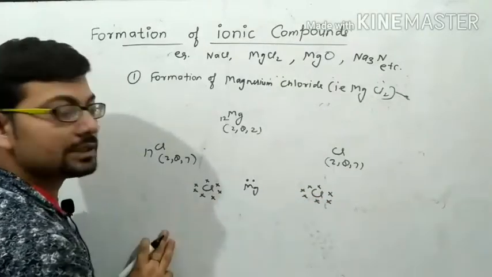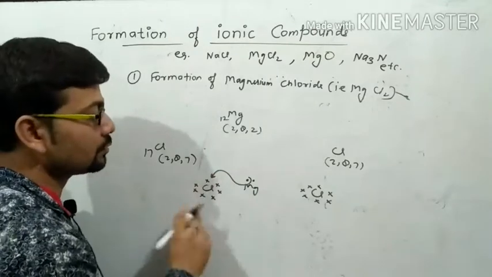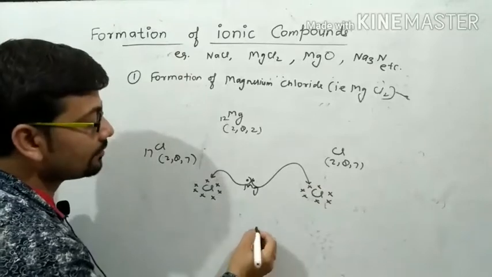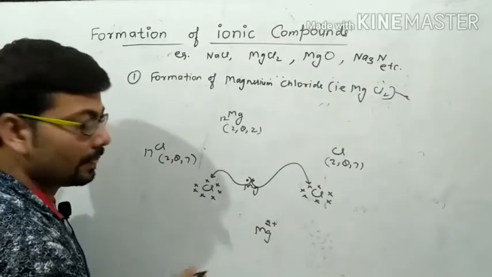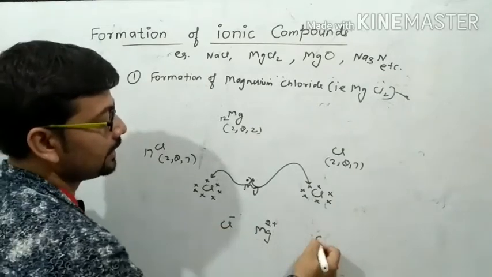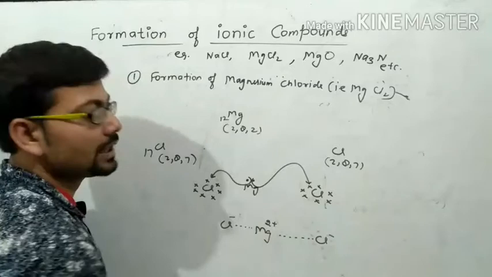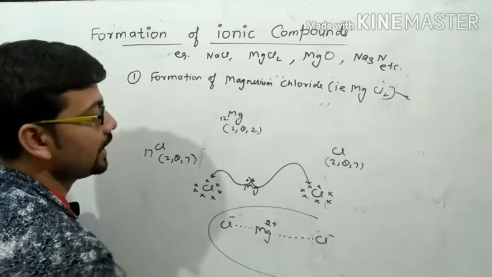So for completing its octet, magnesium gives 1 electron to this chlorine and 1 electron to this chlorine. After that, magnesium is converted into Mg2+, and the chlorines become Cl minus and Cl minus, and they are attracted by electrostatic force, that is the ionic bond. So this is the formation of MgCl2.